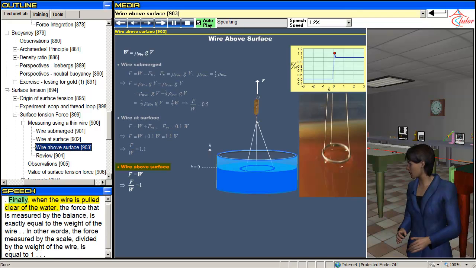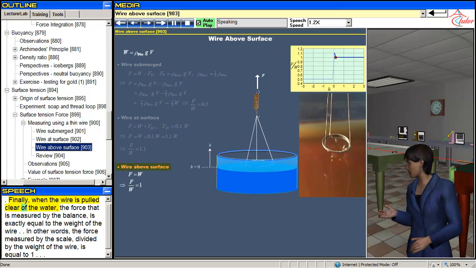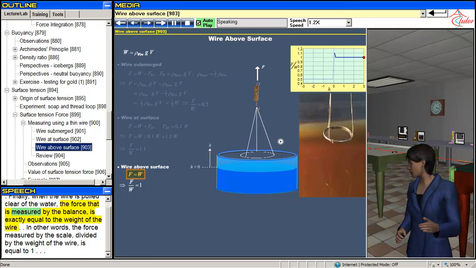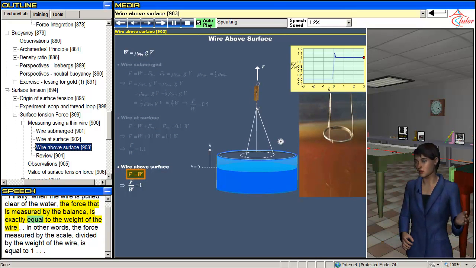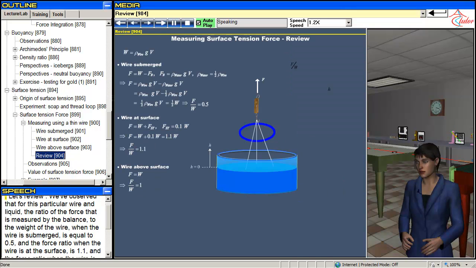Finally, when the wire is pulled clear of the water, the force that is measured by the balance is exactly equal to the weight of the wire. In other words, the force measured by the scale, divided by the weight of the wire, is equal to 1. Let's review.